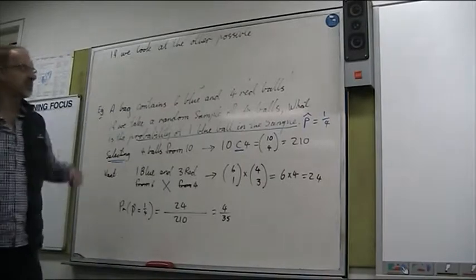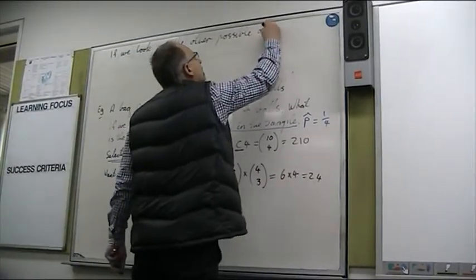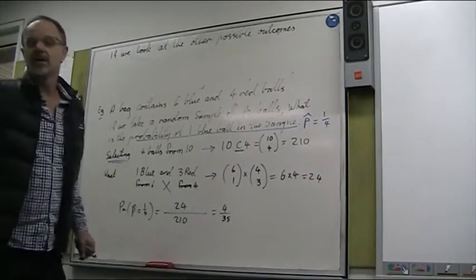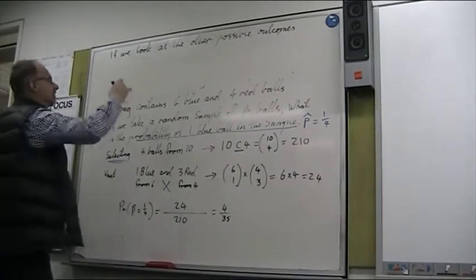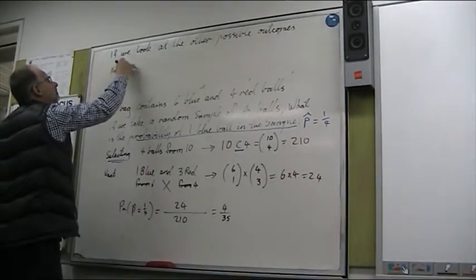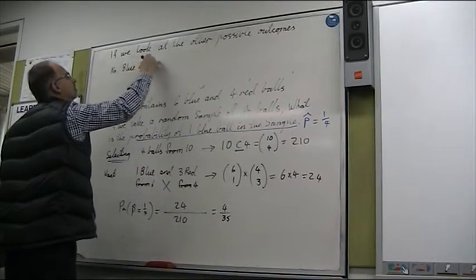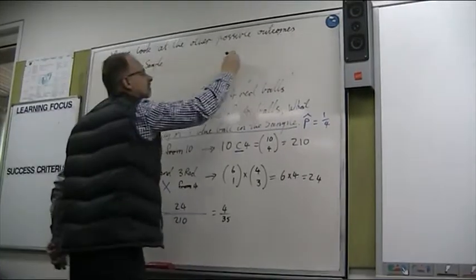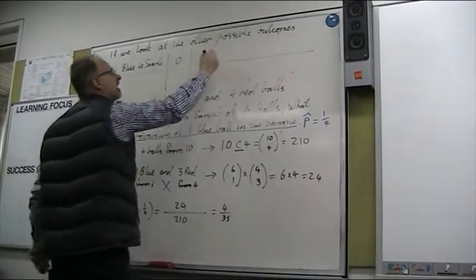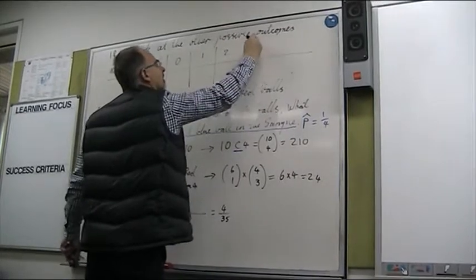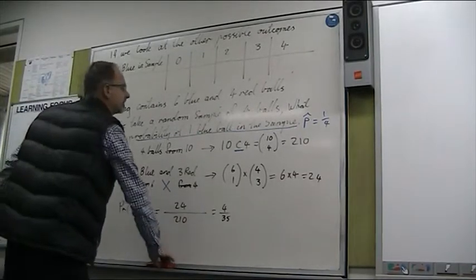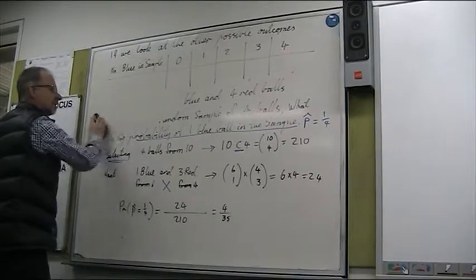So if we look at the other possible outcomes, so the number of blue in the sample, there could be none. 1, which is the one we've just looked at. 2, 3, 4. So there's a couple of things that we can put.